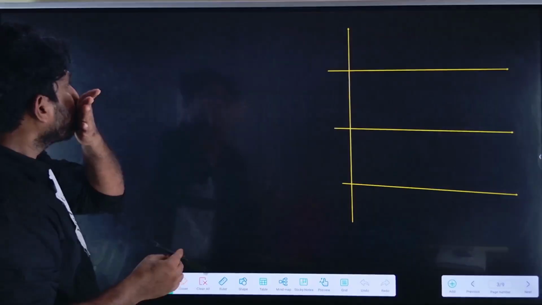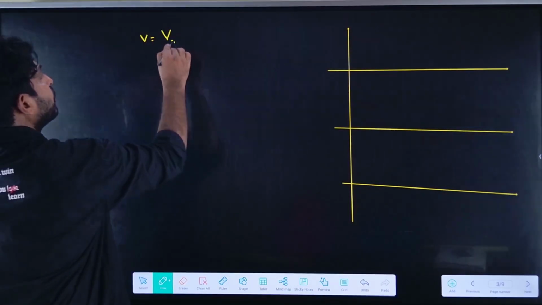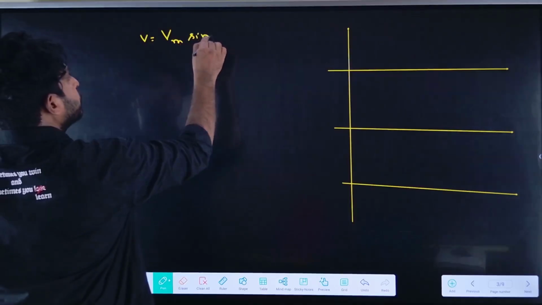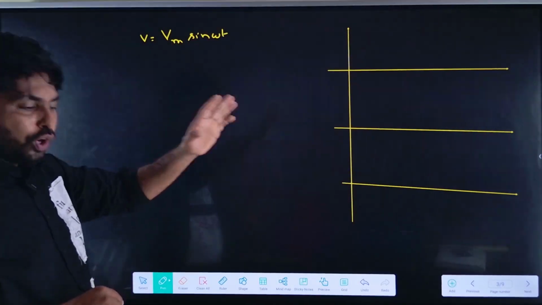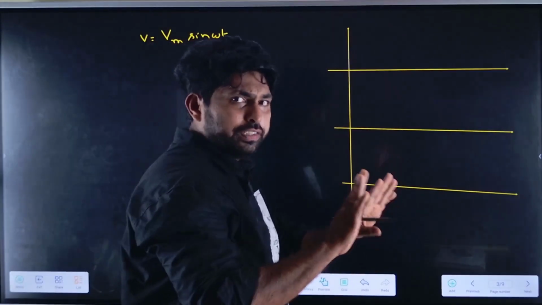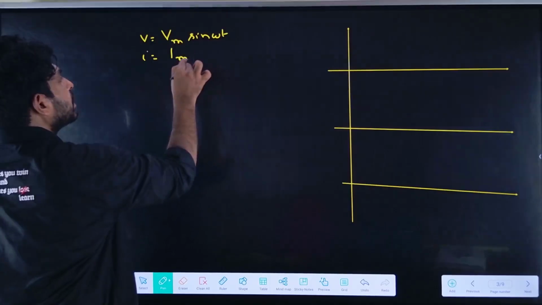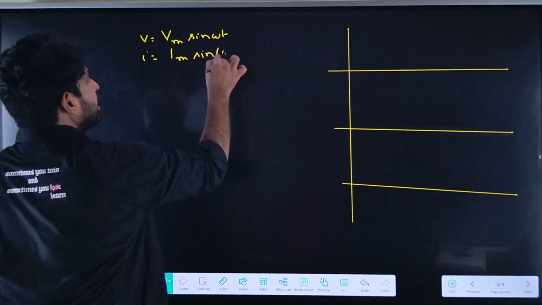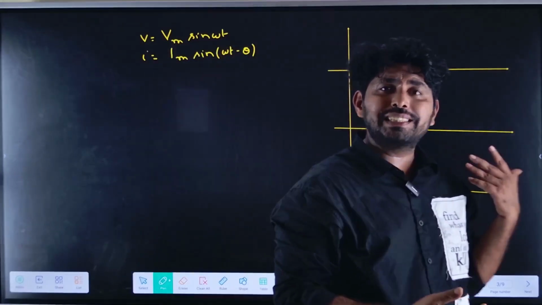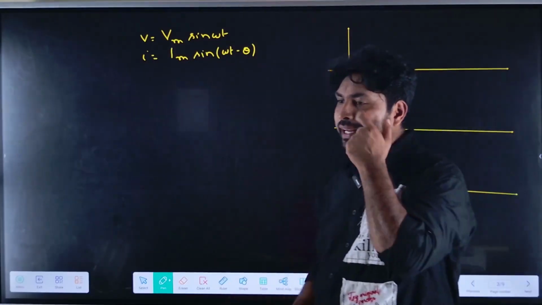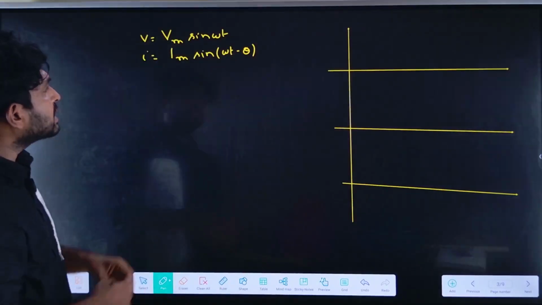For example, take the voltage as V = Vm sin ωt, the sine function, and the current I = Im sin(ωt − θ). Let us assume that it is a lagging load. It is operating under lagging load because θ is negative. So what does it mean?